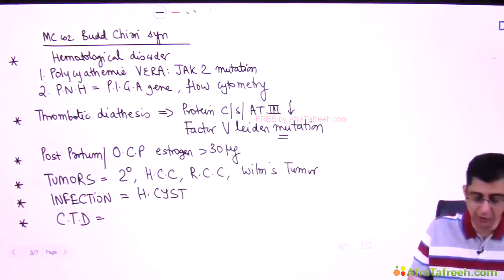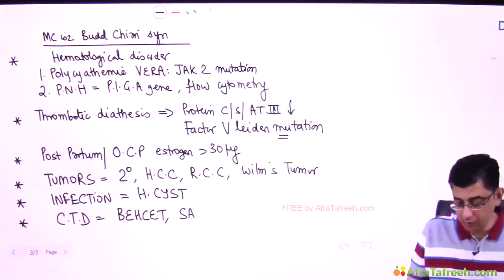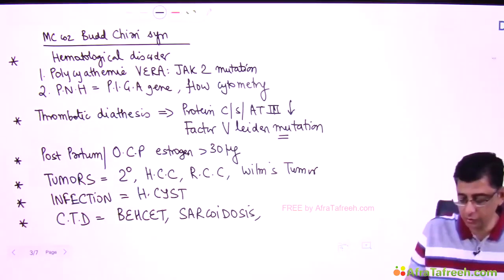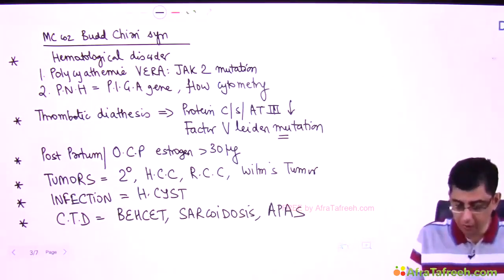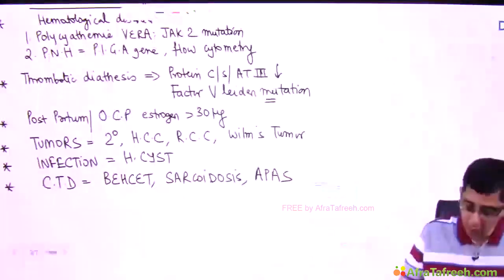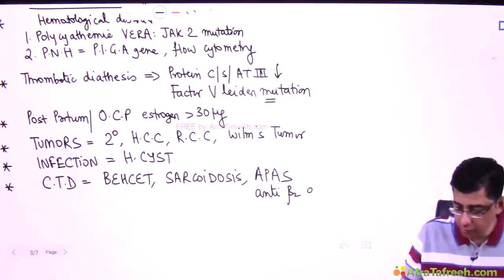Connective tissue disorders responsible for this could be like Behçet's disease, sarcoidosis, APLA. APLA, for some strange reason, has become a hot favorite of our examiners in the past 2-3 years. So antiphospholipid antibody syndrome, APS or APLAS as they call it, occurs due to an antibody. I hope you remember the name, anti-beta 2 glycoprotein antibody.